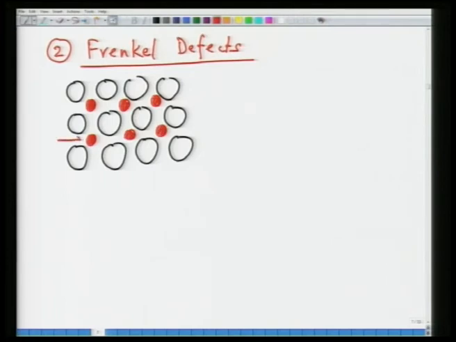So, this would be, I would say, MM, and this would be OO. All right. Now, let us say this particular ion goes missing from its site. So, what it has created here is a vacancy which is Vm, and if for example I take MO, then it would be Vm double dash. Now, how does this get compensated?